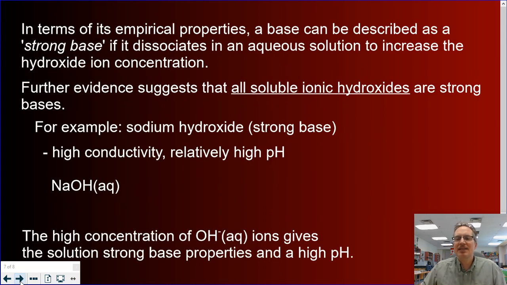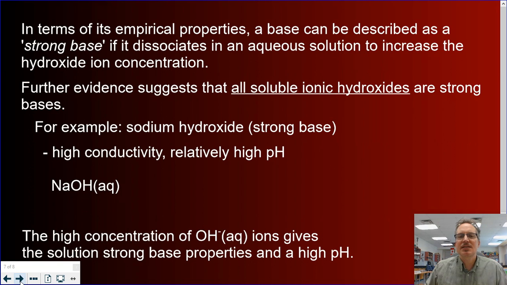Well, now that we've done acids, this is also true for bases. A base can be described as a strong base if it dissociates in an aqueous solution to increase the hydroxide ion concentration. Evidence suggests that all soluble ionic hydroxides are strong bases.